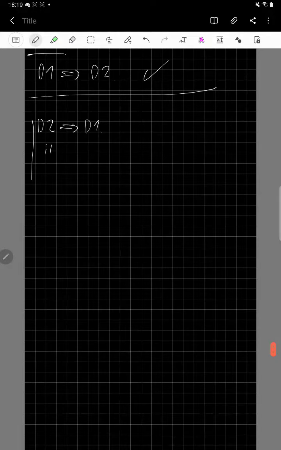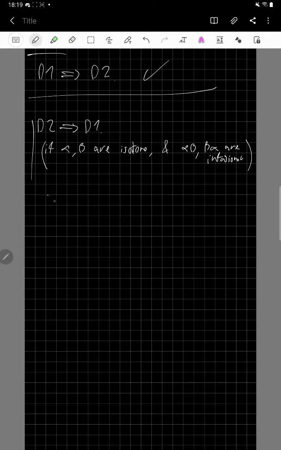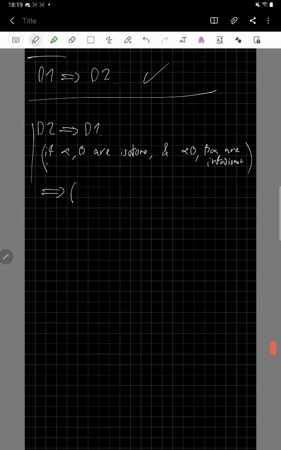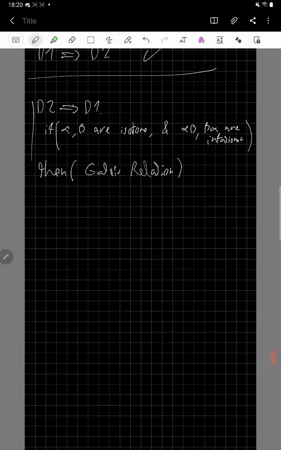Let's just remind ourselves, if alpha and beta are isotone and alpha beta and beta alpha are inflationary, then we have the Galois relation. Now the proof.